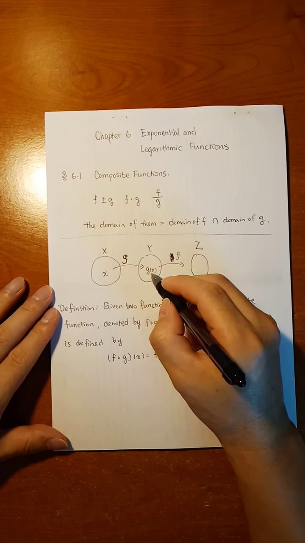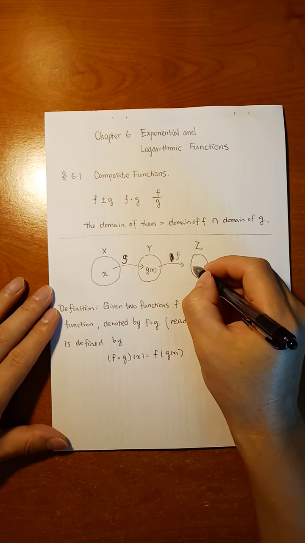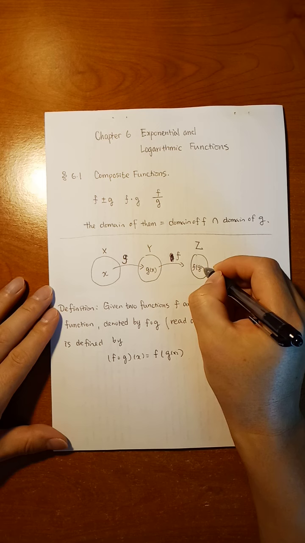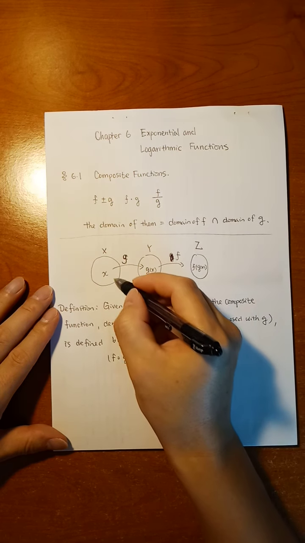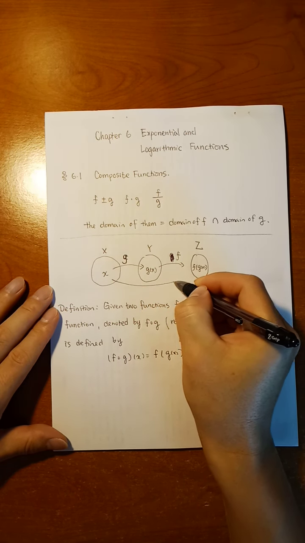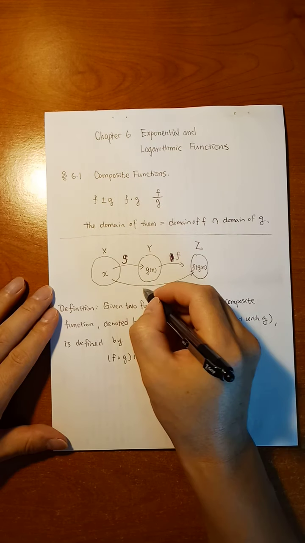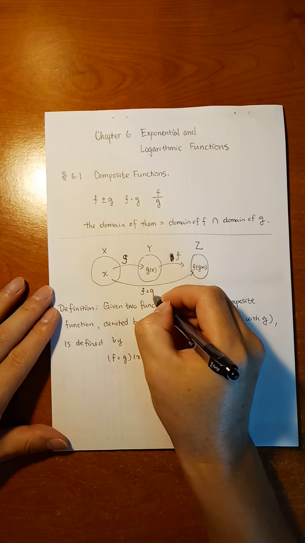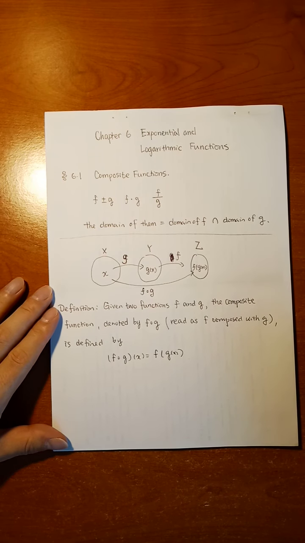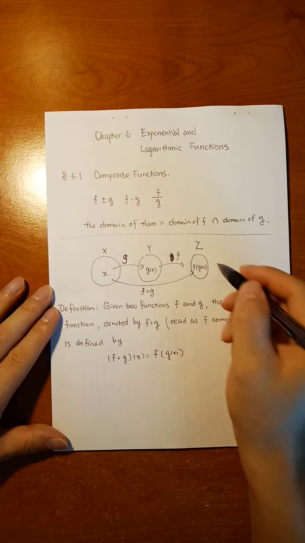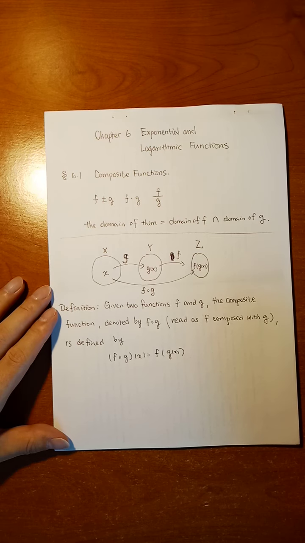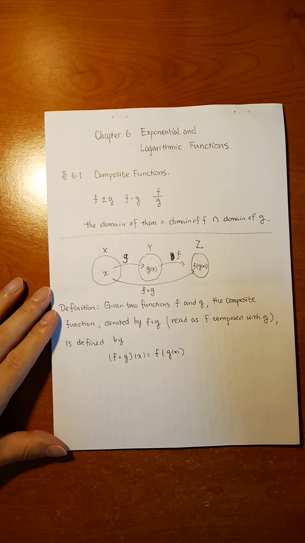And then f starts from g of x and maps it to f of g of x. And this whole operation from x to f of g of x is called f composed with g.